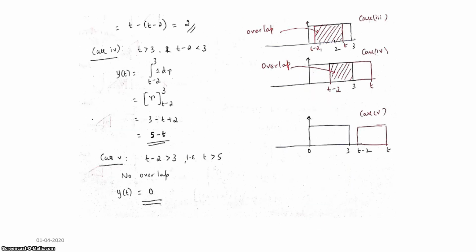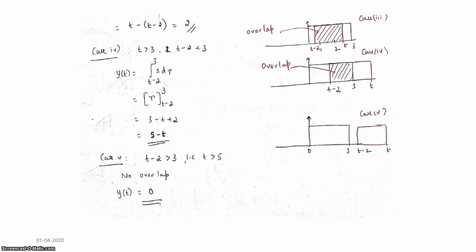Now case 4. I'll move the signal to the right in such a way that t is greater than 3. At the same time t minus 2 is less than 3. So if I combine, I'll get t is from 3 to 5.